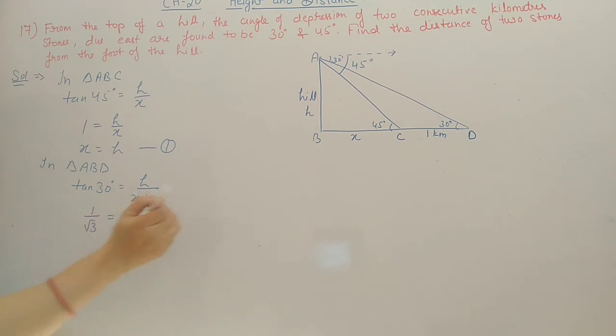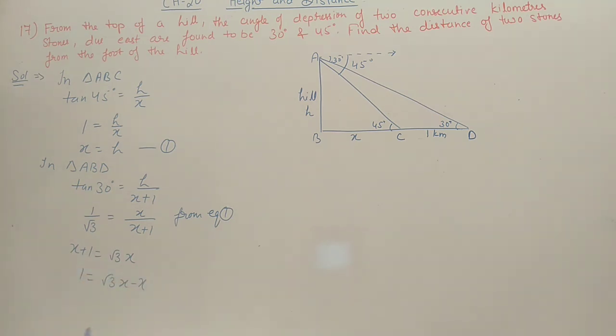We have to find out in this question x, the distance between two stones. So we will replace this h by x, so in place of h we can write x from equation 1. Shift to another side, x plus 1 is equal to root 3x, or we have 1 is equal to root 3x minus x.